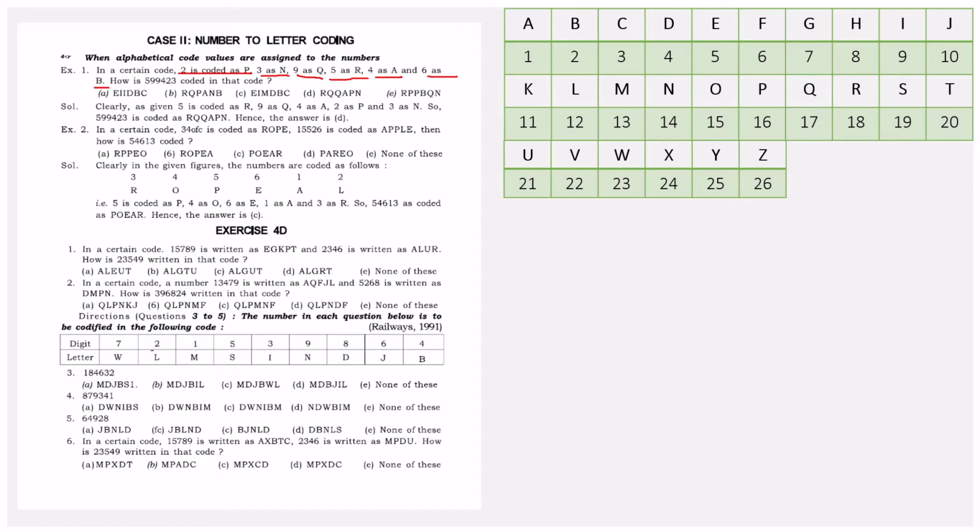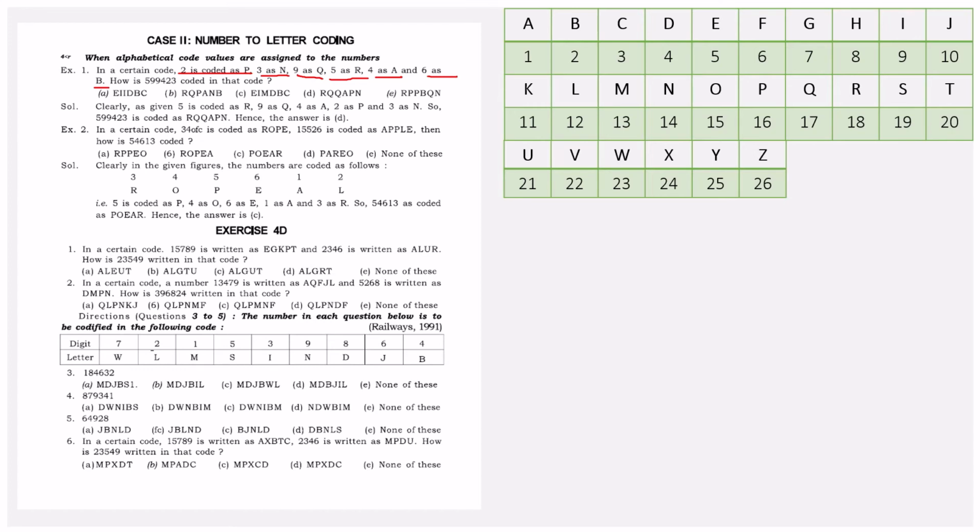So they are asking for 599423. I'll just give you a few seconds of time, and you can solve that. That's easy. They already gave you the information. Just with that information, get the answer. The solution is on your screen, as well as the question.